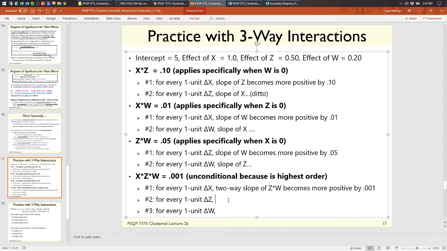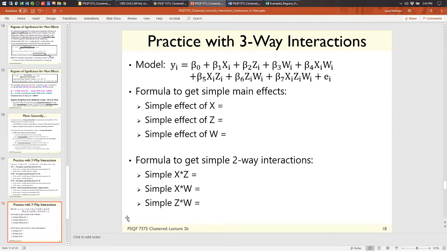How about this one? Change it. X and the missing one, right? X and w? Yeah. Yep. Dot, dot, dot. And last but not least, x by z. Yeah. So three-ways adjust the two-ways, adjust the main effects, adjust y. See? Same rules, just a level of abstraction harder.